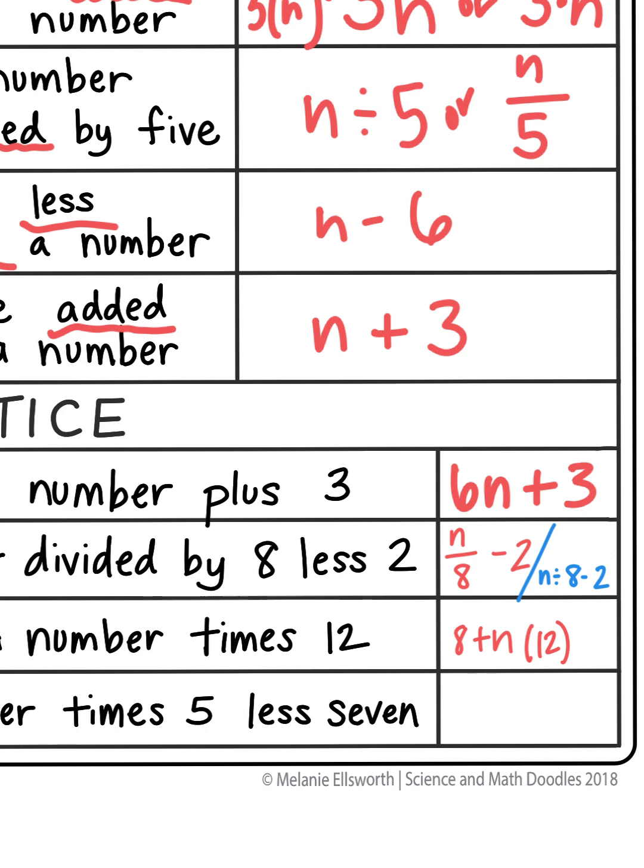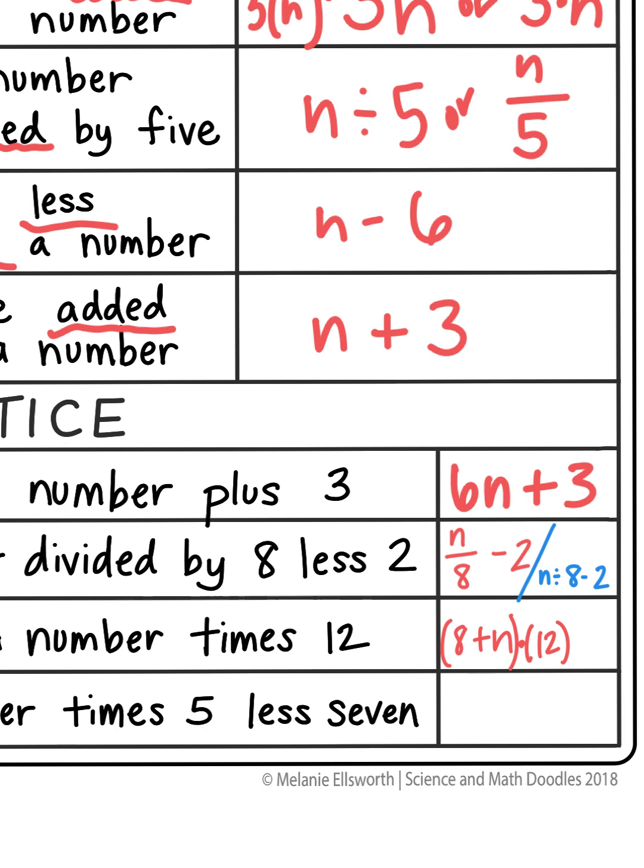But the problem is first I want to do 8 plus a number, then times 12. So what that's going to look like is parentheses, 8 plus n, and then parentheses 12. Or you could put a dot in between there if you wanted to. So the answer would be 4. Well, it depends on what n is going to be.